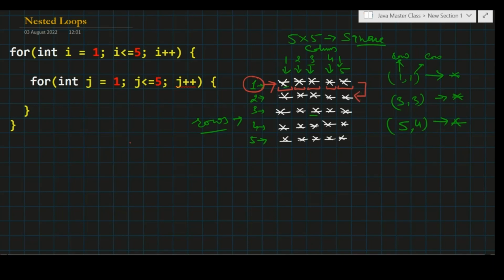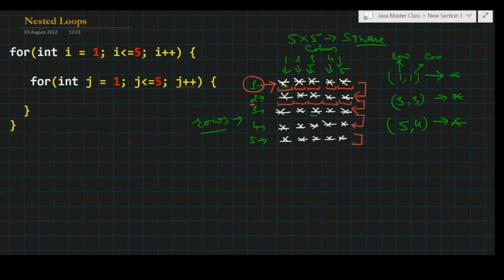And then we will be in the second row, and again we will start printing one by one till when? Till we reach the end of our columns. So once all 5 columns are printed, we will throw our cursor into the next line, and we will repeat this process until we are done with our condition. So that means in our very first row, we should have 5 stars printed.